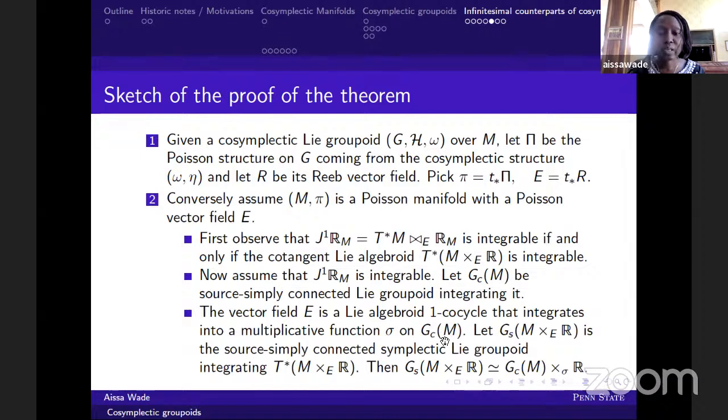And this is where we get the other data from the action actually. And what we obtain is that the source simply connected Lie groupoid corresponding to the Poisson structure in here, of course, would integrate the cotangent bundle of M cross R. And these two will be isomorphic as Lie groupoids.